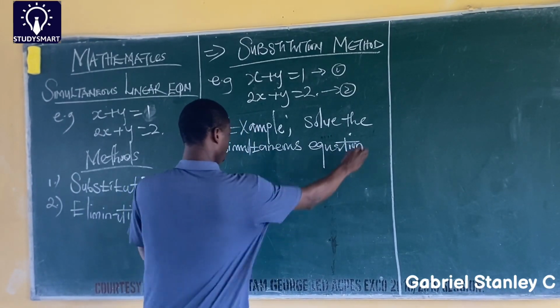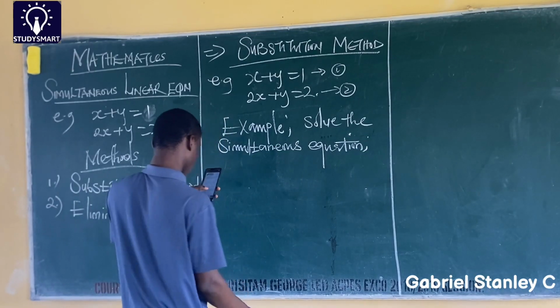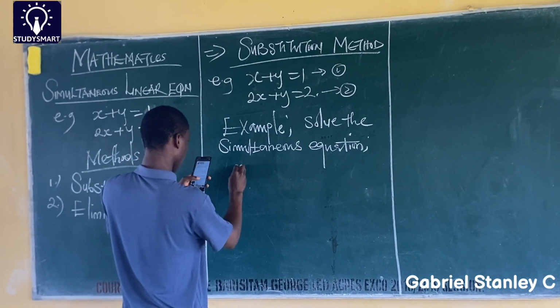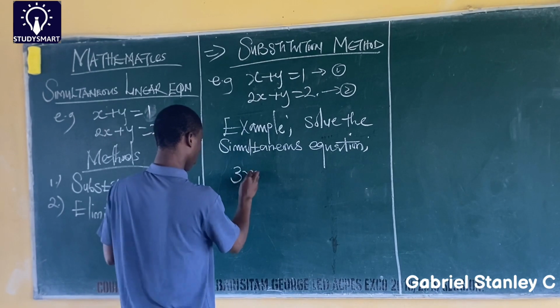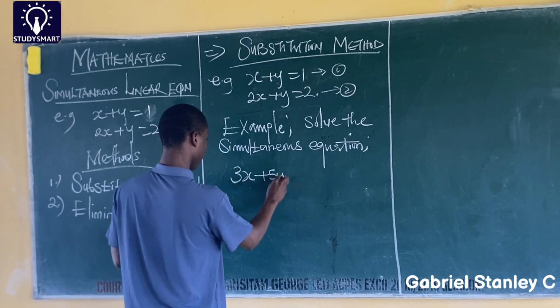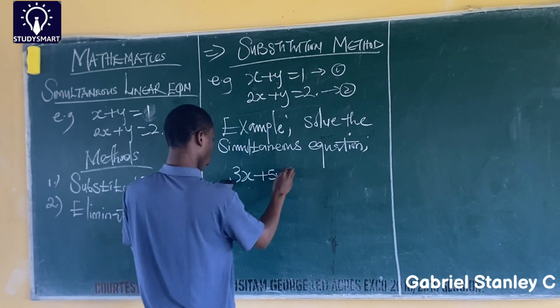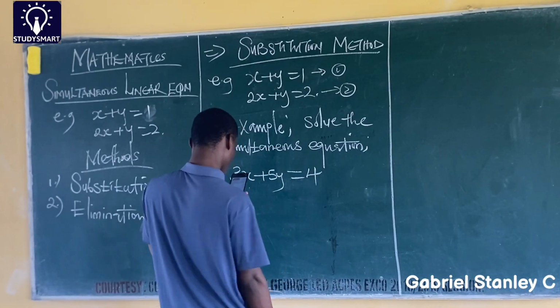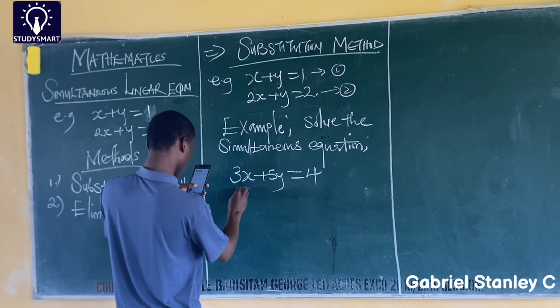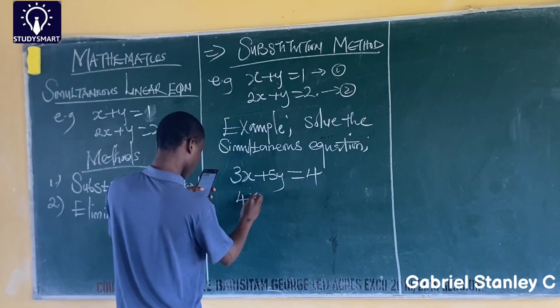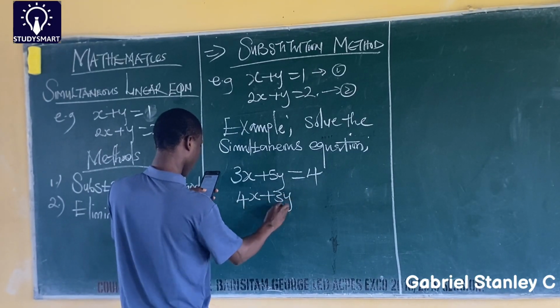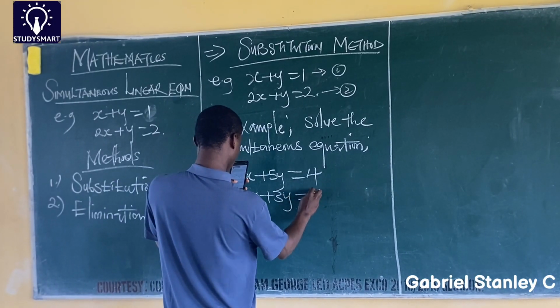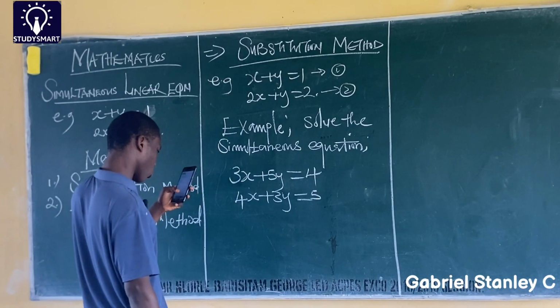We are given 3x plus 5y equal to 4, and we are also given 4x plus 3y equal to 5.